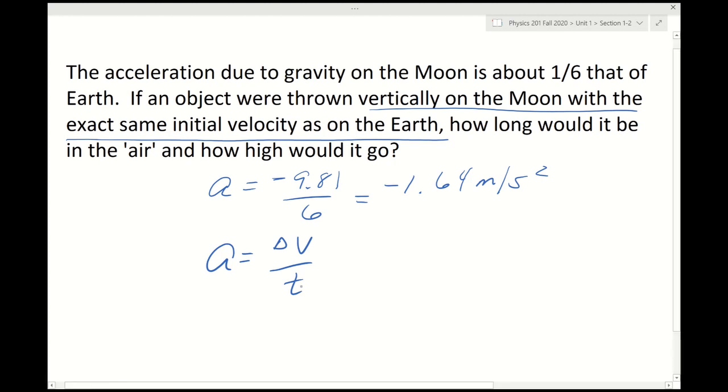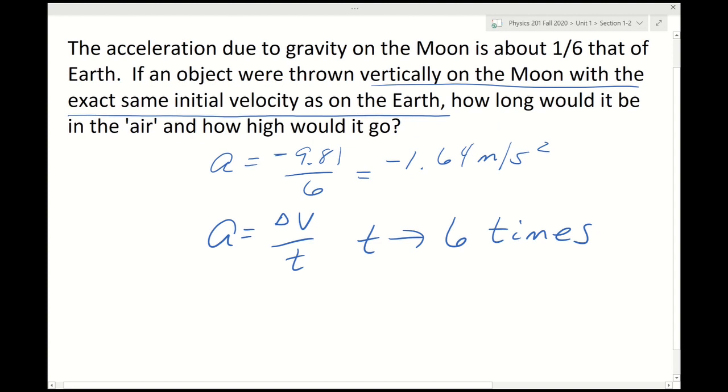So we can think about the fact that you've got a linear relationship between the velocity and the time, with acceleration as a constant. So if the acceleration has decreased by a factor of 6, then that means that the time has increased by a factor of 6.